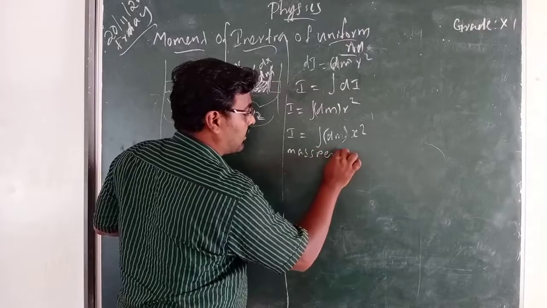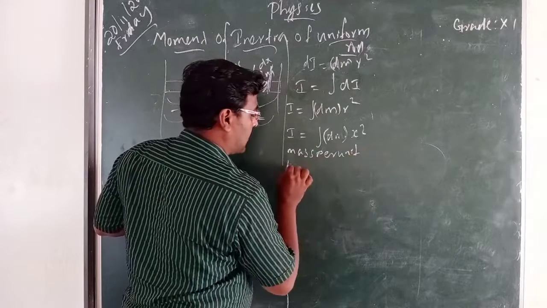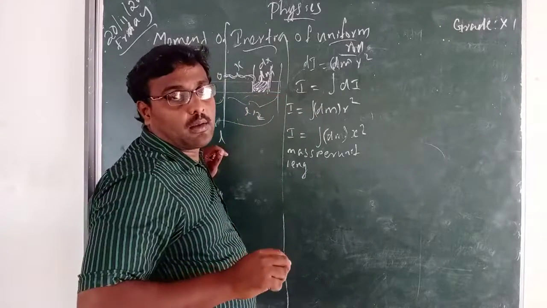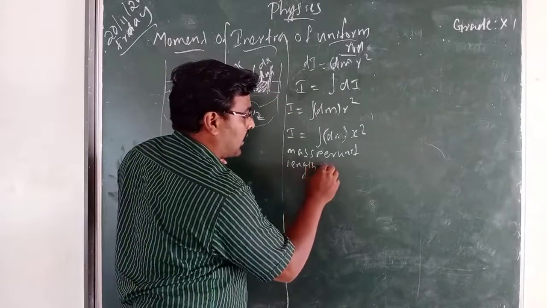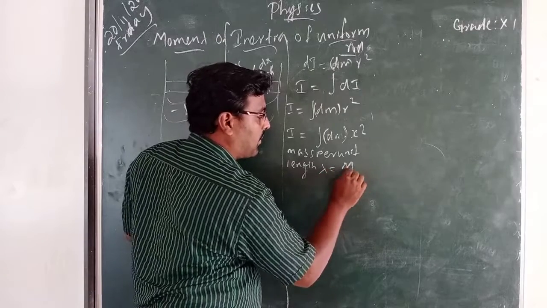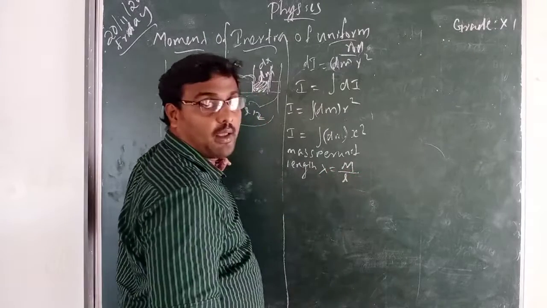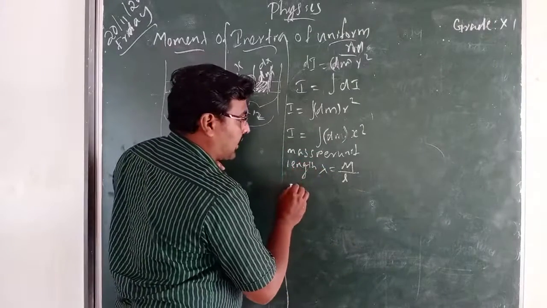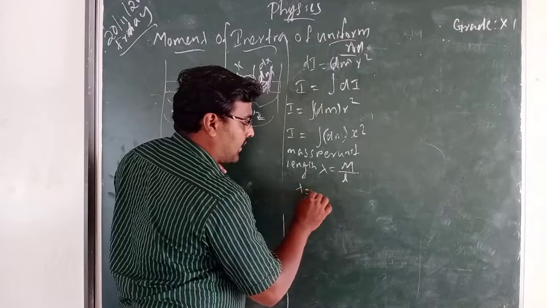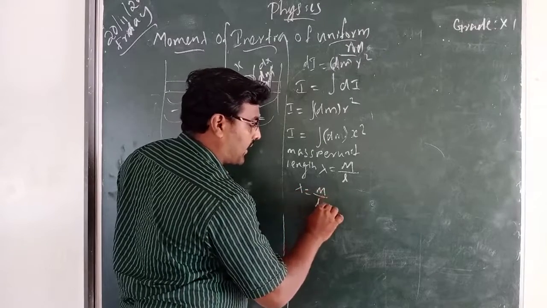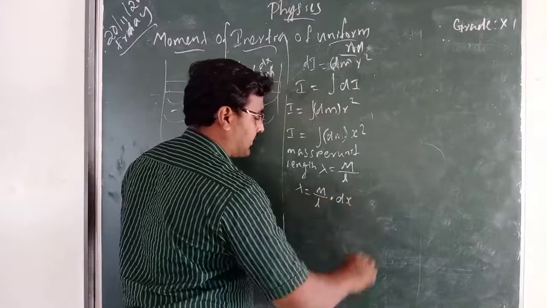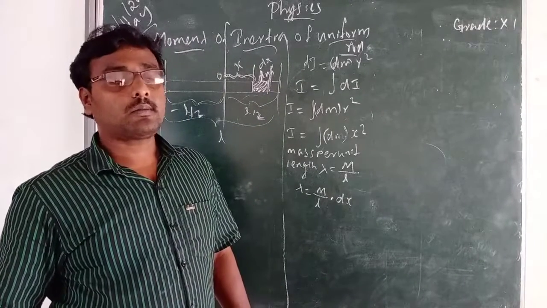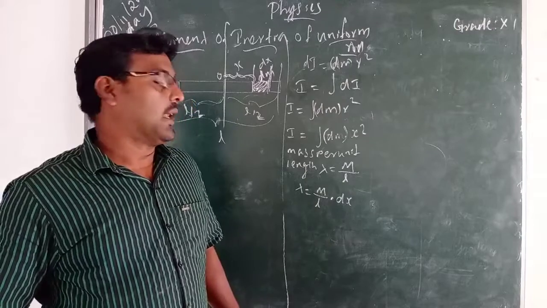Mass per unit length, lambda, is M by L, and for the distance dx, the mass is M by L into dx.